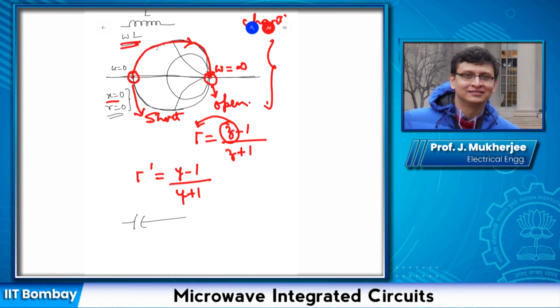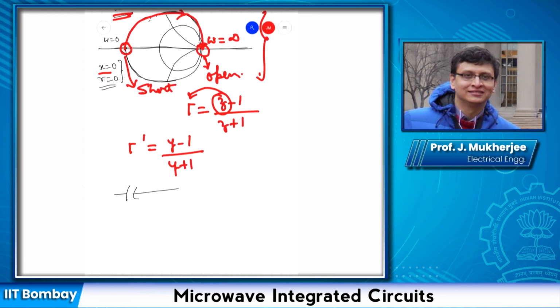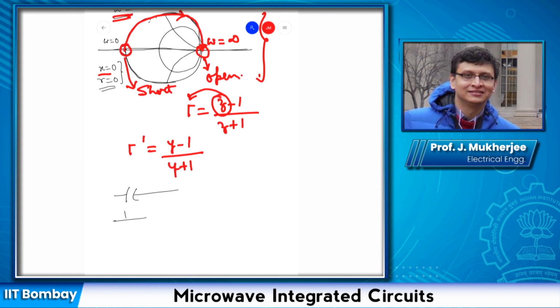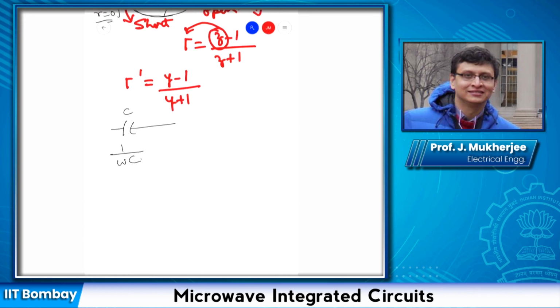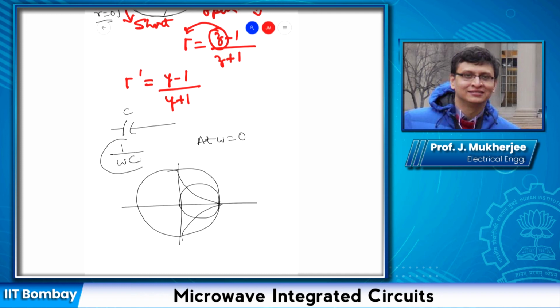So a series capacitor is like this. The magnitude of the reactance offered by this capacitor is given like this. So once again, if we draw our Smith chart, okay, so at omega equal to 0, the reactance is infinity.